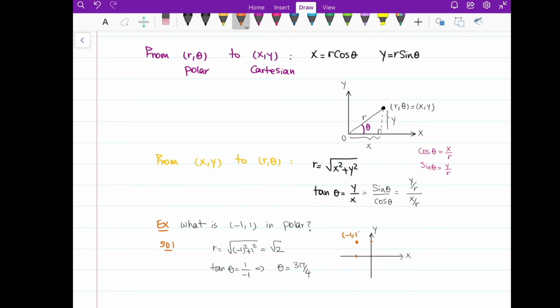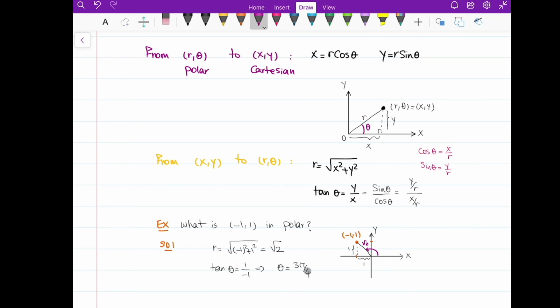You see, if I have a right triangle in here, this is 1, this is 1. That's why this length is root 2. Okay, so this is root 2. How about the angle? The angle would be pi over 2 plus pi over 4, which would be 3 pi over 4.